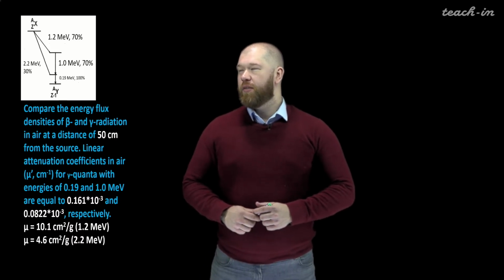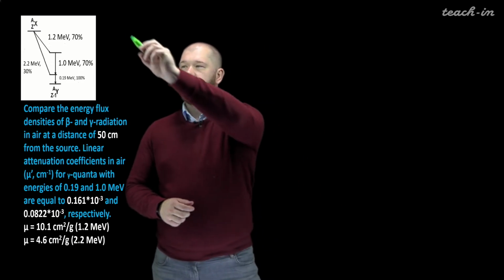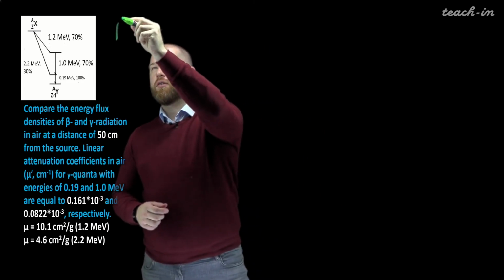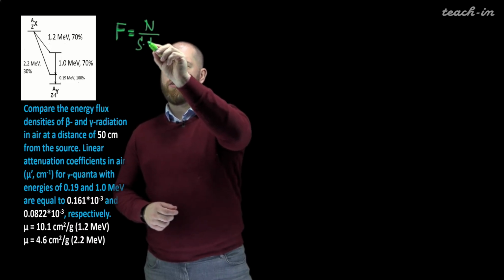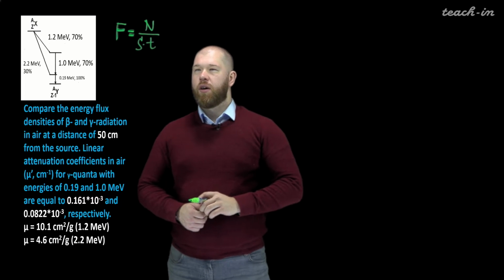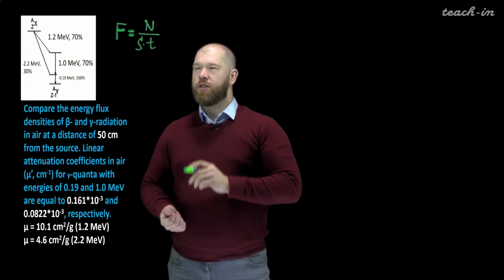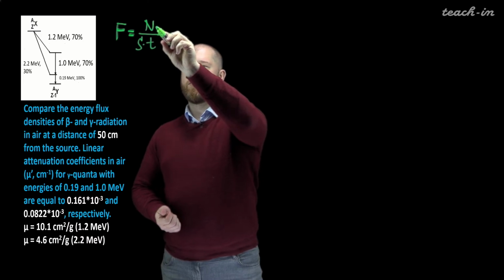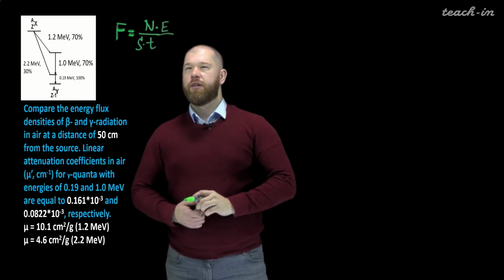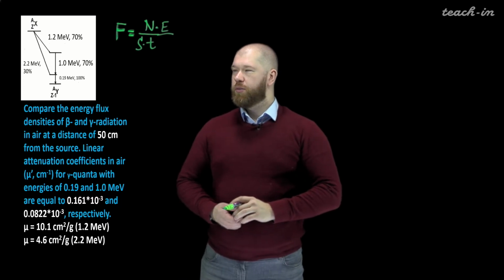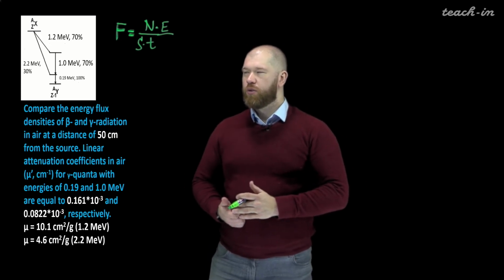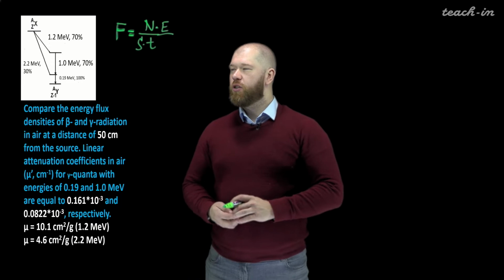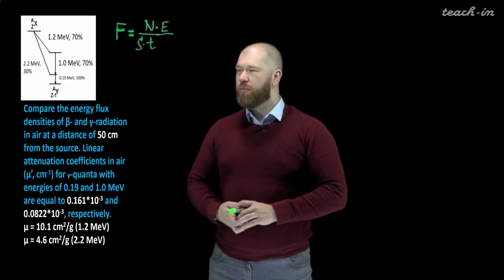Again, what is the flux density? We can write it again: the flux density is equal to number of particles divided by surface area in time. But as far as we need to calculate the energy fluxes, that means that we simply multiply it by the energy of our particles. For beta particles, the average energy is equal to 0.4 multiplied by the maximum energy, and for gamma quanta it is simply the energy of gamma quanta.